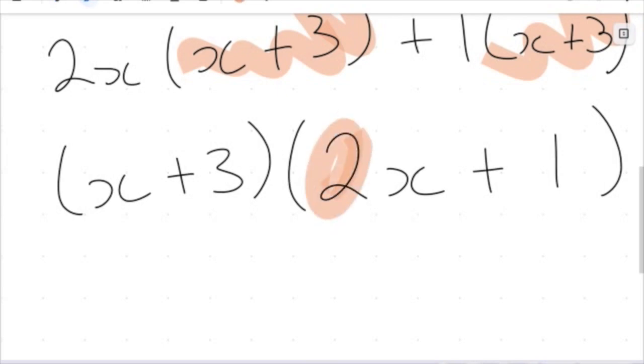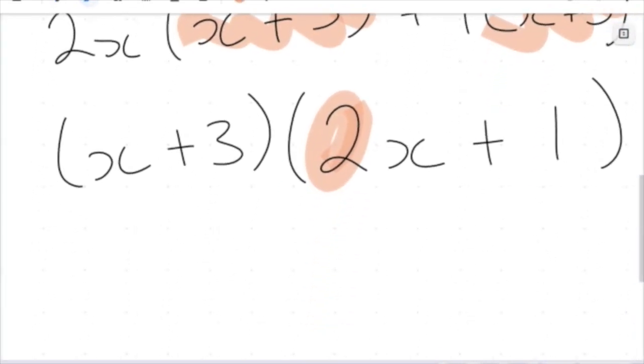Look at this 2x, for example. In our monic ones, we only ever had something looking like this. But the simple inclusion of this thing here affects what we end up with, and it's going to affect the factors that we choose.